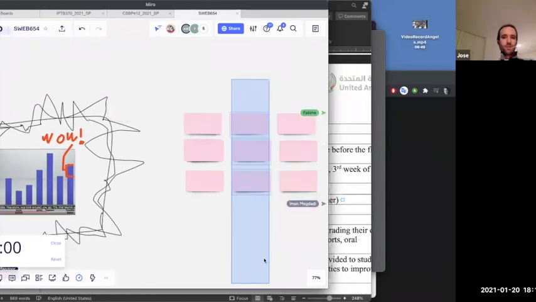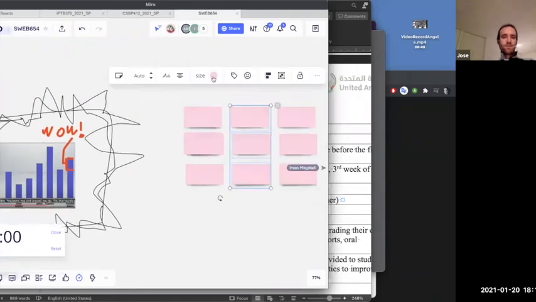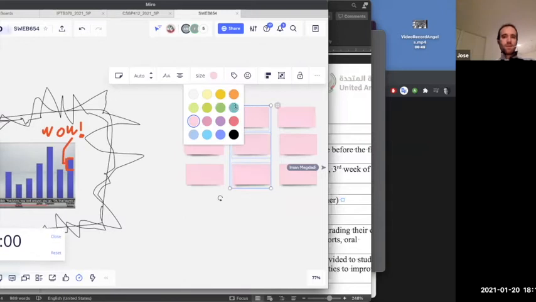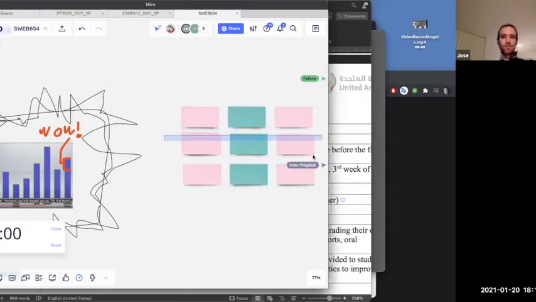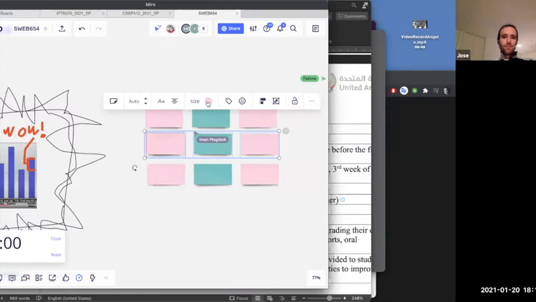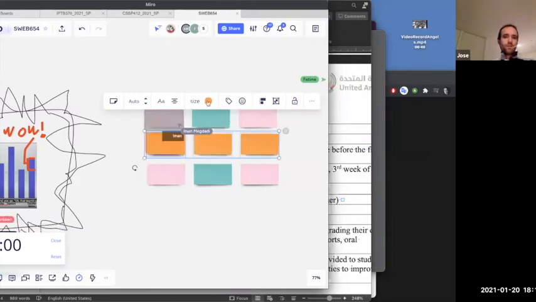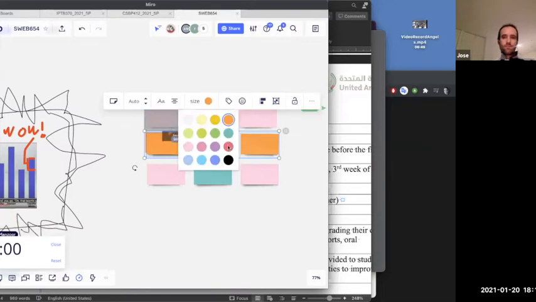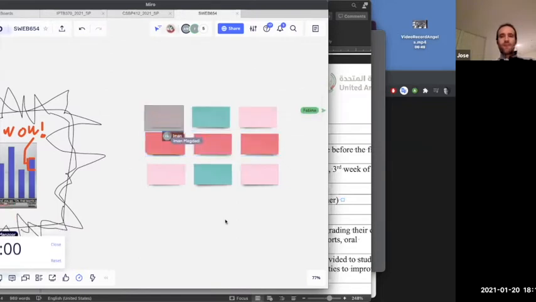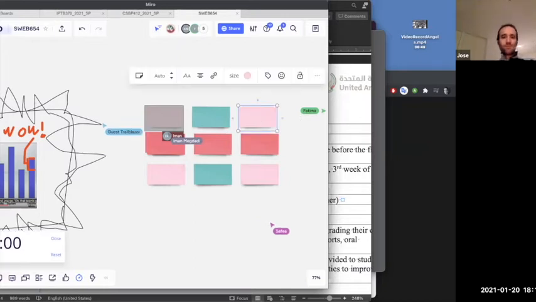Just type anything that comes to mind. That will help us focus a bit more on different things.